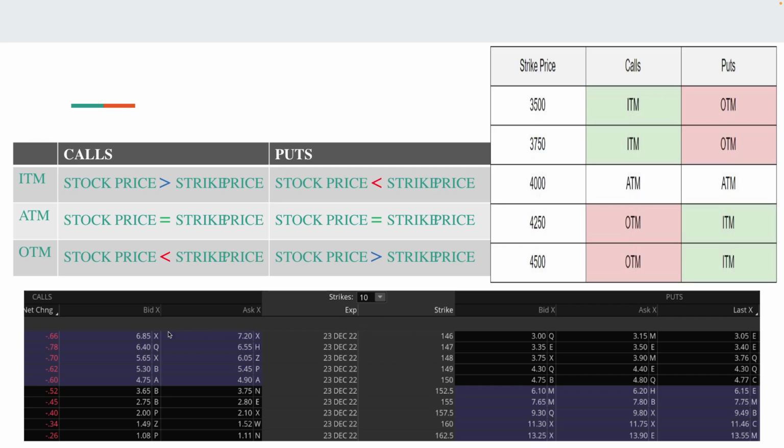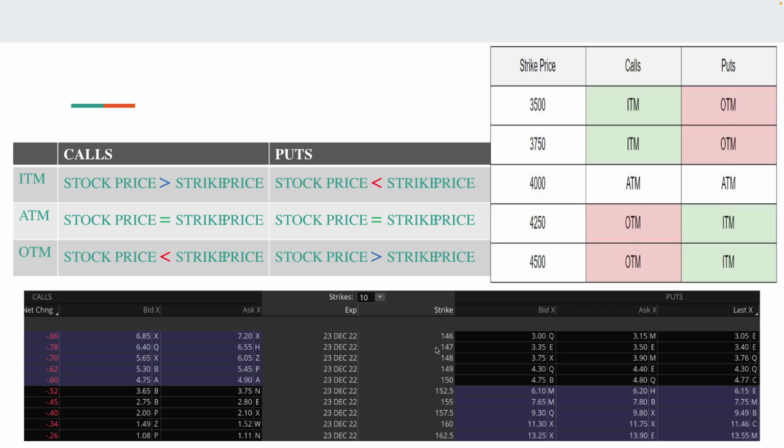And then to the left, they show the calls. These are the prices for the calls at these strike prices. And on the right, they have the puts. So these are the option premiums or prices for the puts with these strike prices.